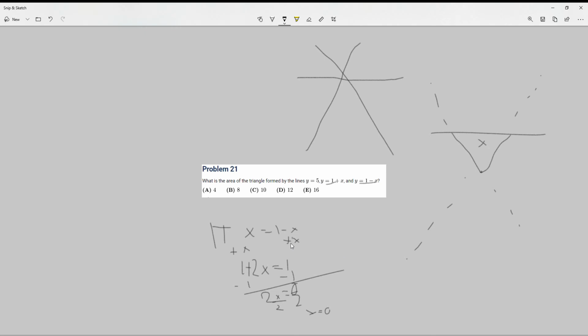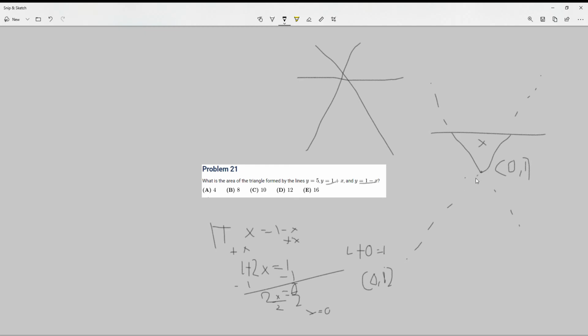When we plug it in, 1 plus 0 equals 1, and 1 minus 0 also equals 1. So that means x is 0 and y is 1. So this point here is (0, 1).